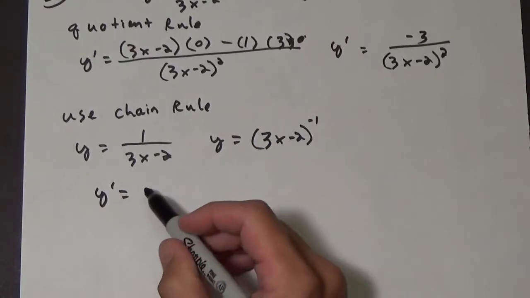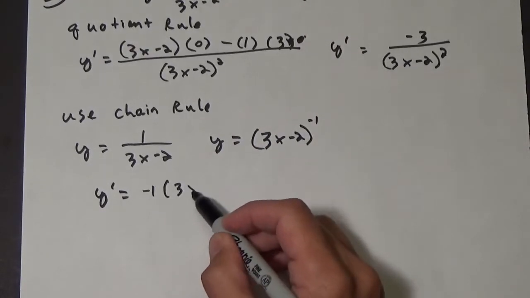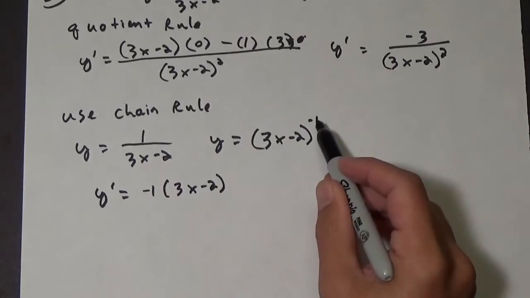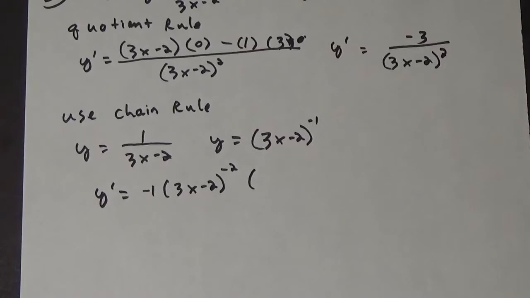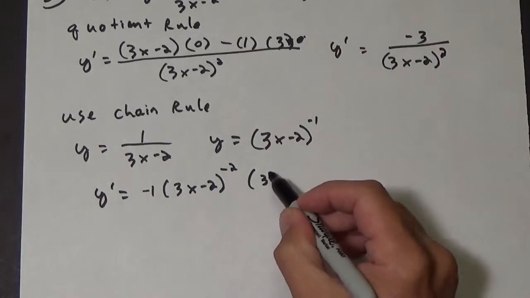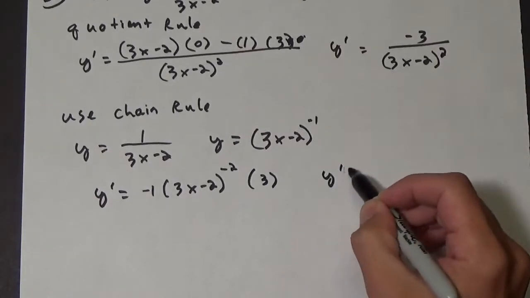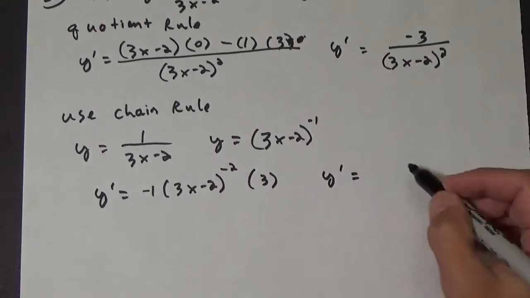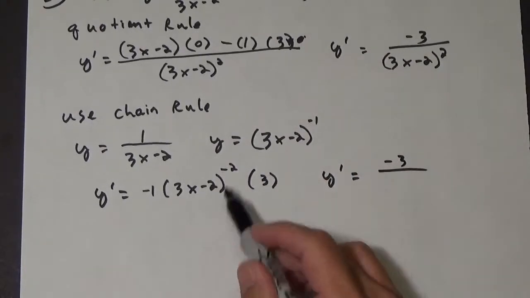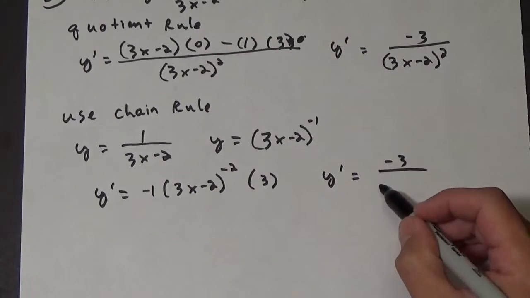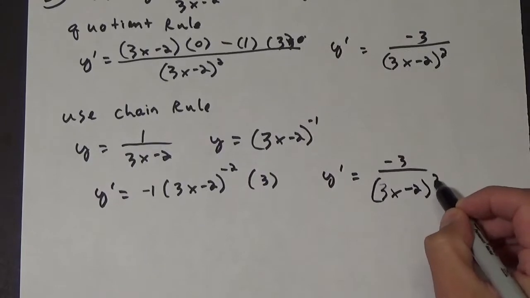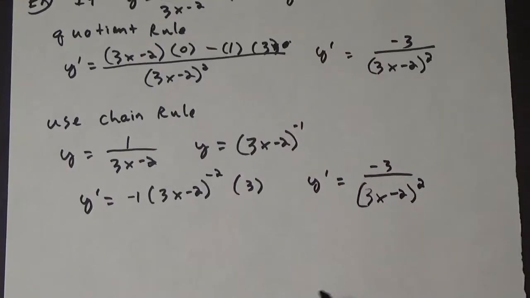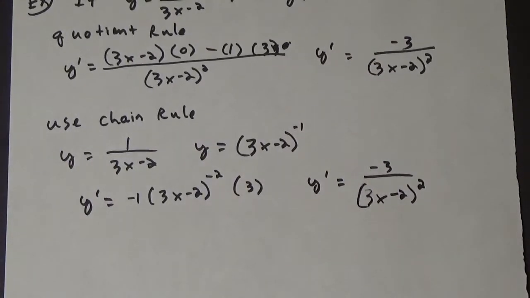So we bring out the negative 1. Negative 1 times 3x minus 2, and then we subtract 1 to the negative 2. And then we take the derivative of the thing inside, which is 3. We have the 3 and the negative, so it becomes a negative 3. Because it's to the negative power, we rewrite this in the denominator, so it's 3x minus 2 squared. And so we end up with the same answer.